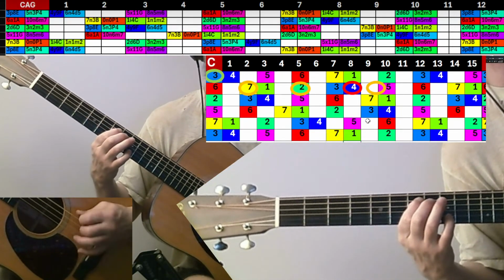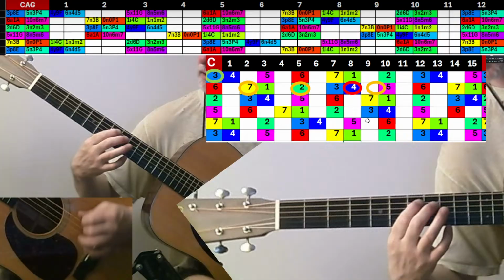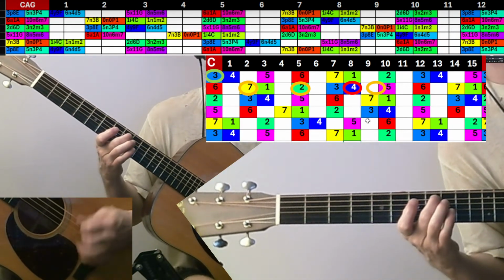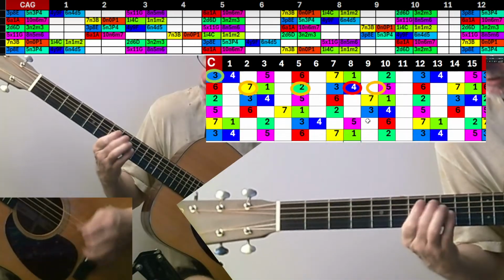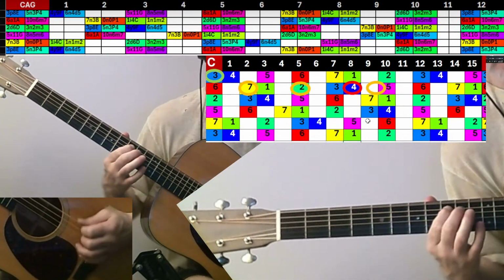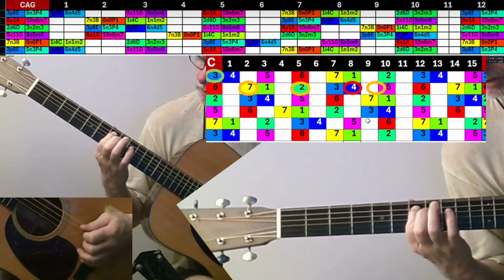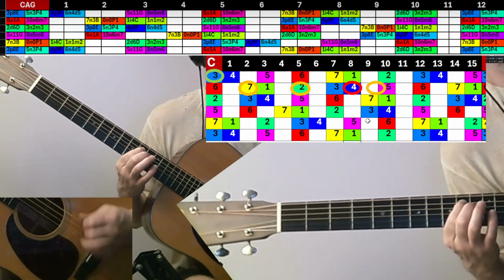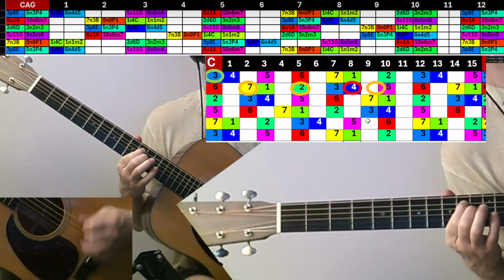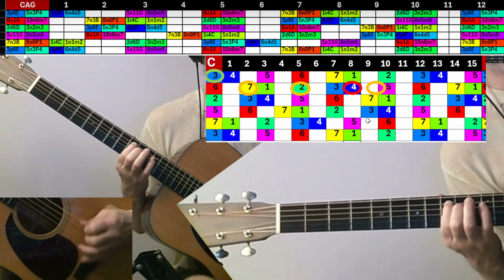That's my double stop. There's the one that's outside, the weird one. And then this is going to be minor third to the major third.